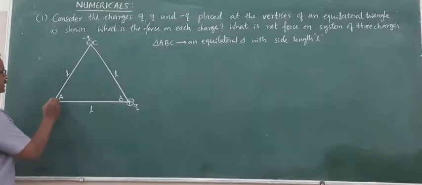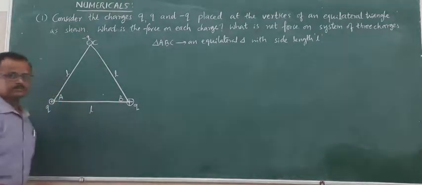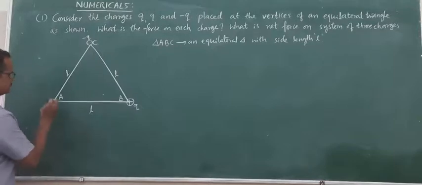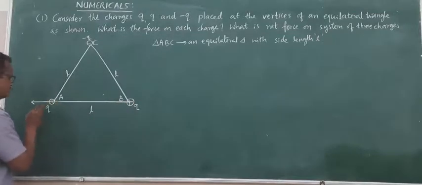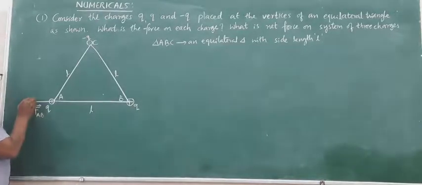So look at the interaction between the charges at A and B. The charges at A and B are like charges. When they are like charges, then there will be the force of repulsion. So force on A due to B is repulsive, so it is shown in this direction.